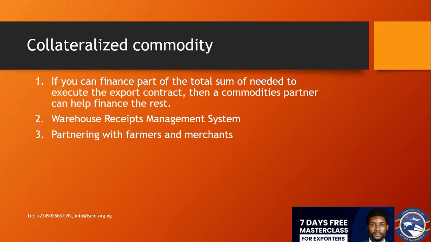So another way is to partner with farmers and merchants. This is easily done when you travel to the north, to Kaduna, to Kano, to talk to them about the commodity that you want to export. In some countries like Cameroon, for instance, when you want to fell wood, you can't fell without first paying the person that you are working with.